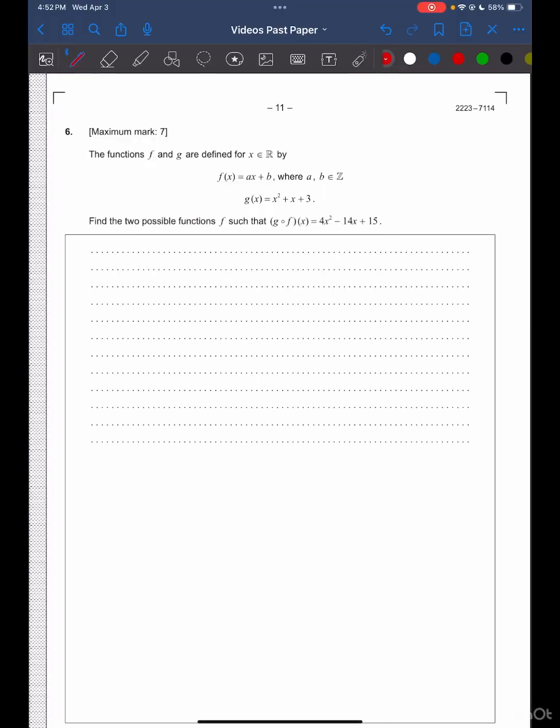So for number 6, the objective is to find f of x. They give us f of x equal to ax plus b, and g of x equal to x squared plus x plus 3.